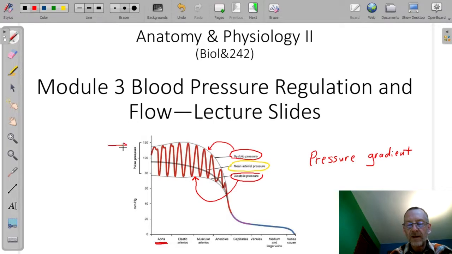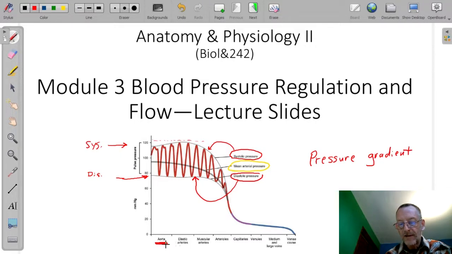In the aorta, we have a systolic pressure of about 120-ish, and a diastolic pressure of maybe 78-ish. So that's our systolic. Again, this is just an overview, just an introduction to what we're going to be looking at.